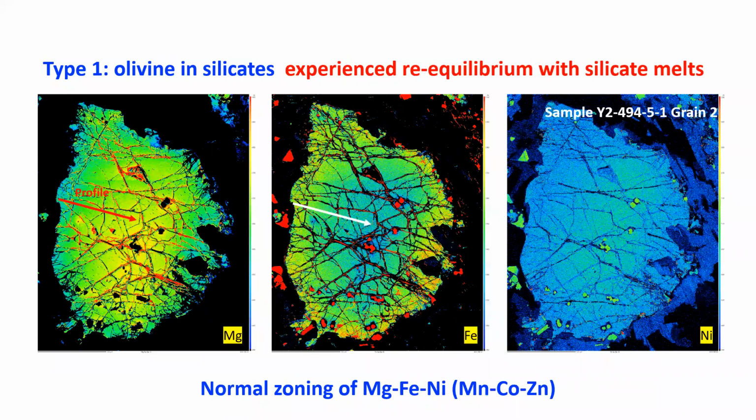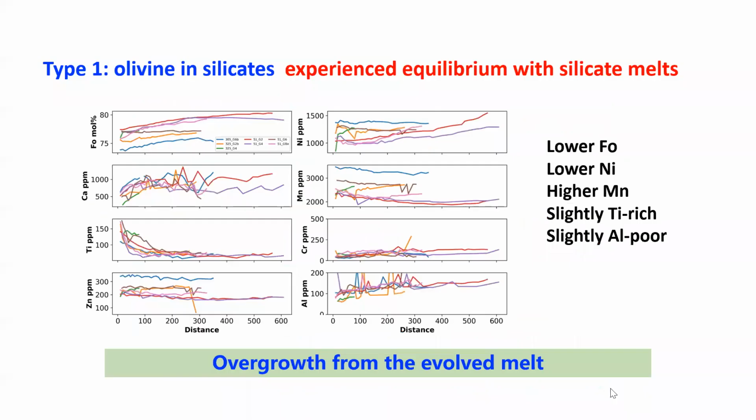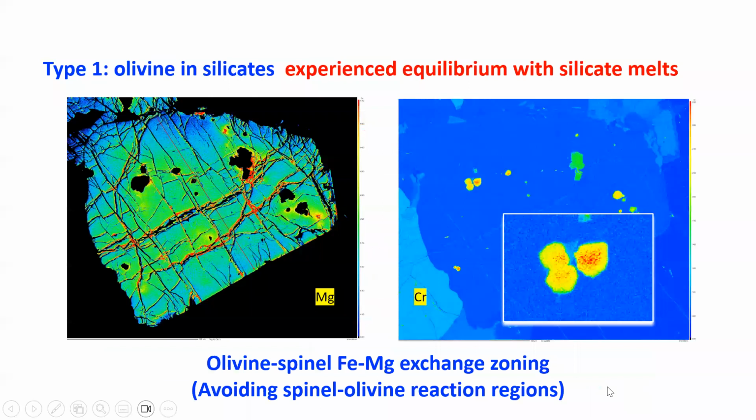This is for the major elements. This shows some magnesium enrichment in the olivine when there is some spinel in it. This shows iron and magnesium exchange between the olivine and spinel.